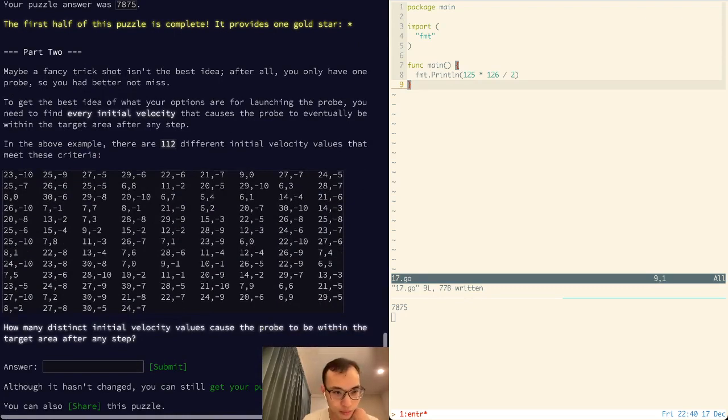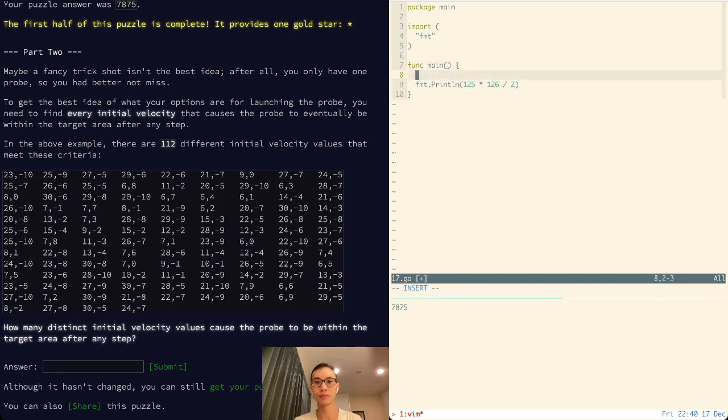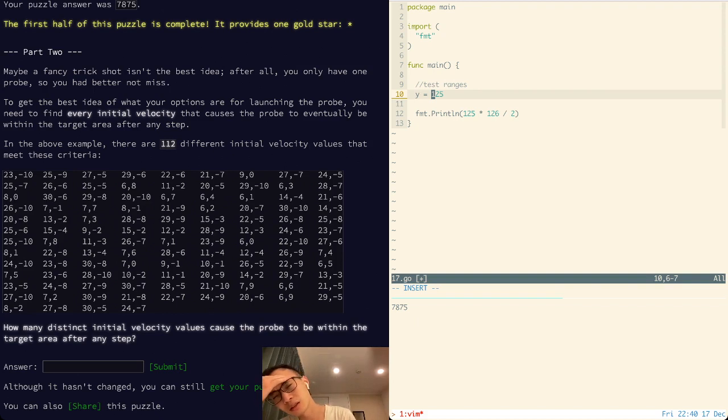What are the answers here? Well, okay, how about this? We know that y never gets higher than 125. So we know that test ranges, y can't be higher than 125. And I guess if you land in there in one shot, it's minus 126.